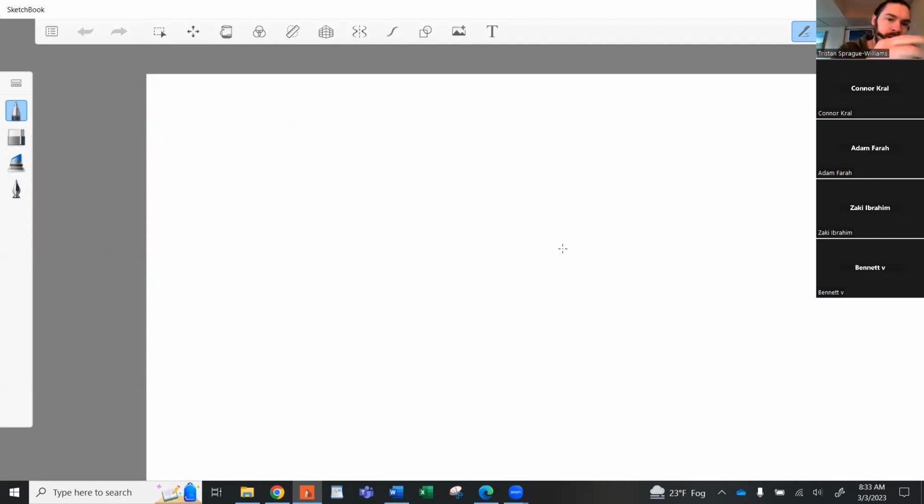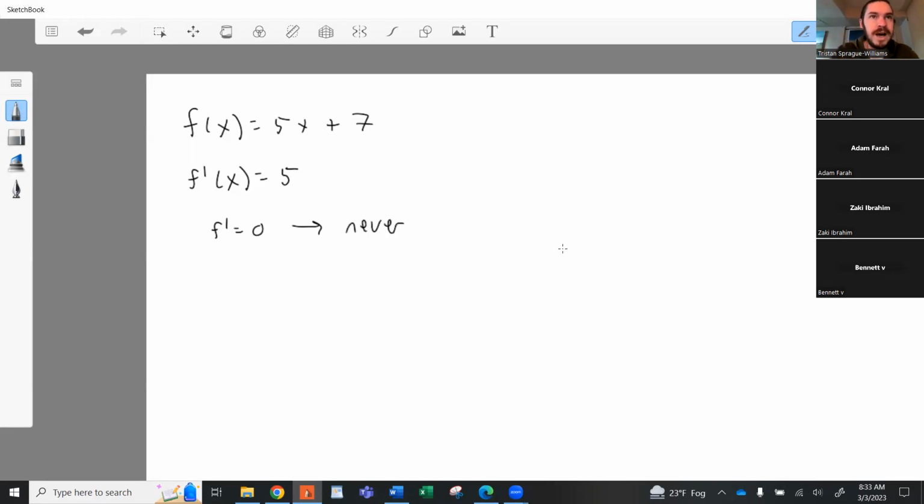Okay, so here's an example of a function. f of x equals 5x plus 7. What's f prime? f prime of x equals 5. When is f prime equal to 0? Never. It's equal to 5, not 0. It's always equal to 5.